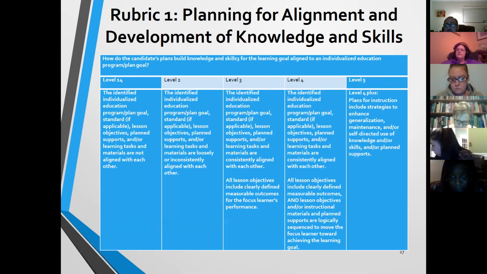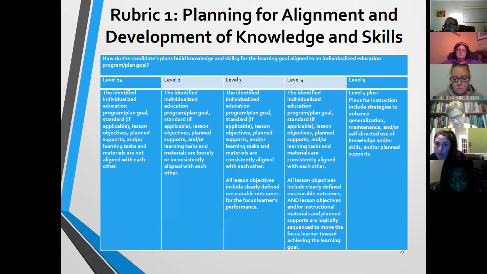So we see that in level 5, okay? So level 5, which is the highest level, is plans for instruction include strategies to enhance generalization, maintenance, and/or self-directed use of knowledge and/or skills and/or planned supports.